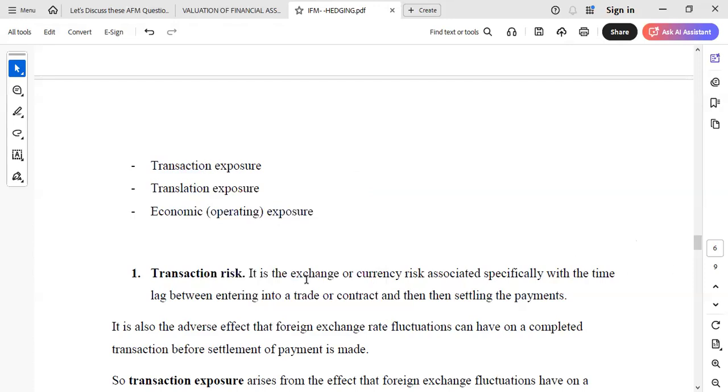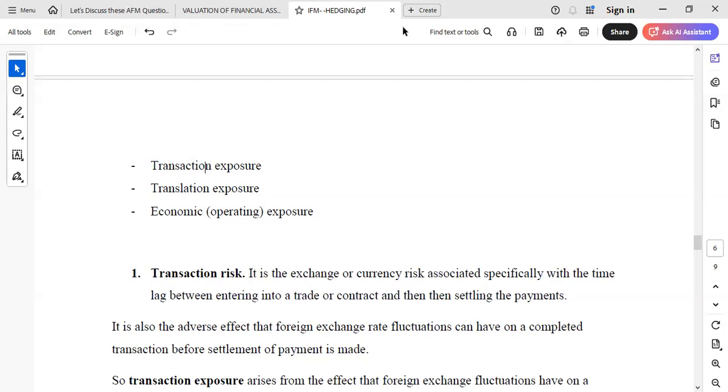Transaction risk is basically the currency risk associated specifically with the time lag between entering into a trade and the contract. Assume you are doing a business and you import goods on credit. At the transaction date, there was an exchange rate.